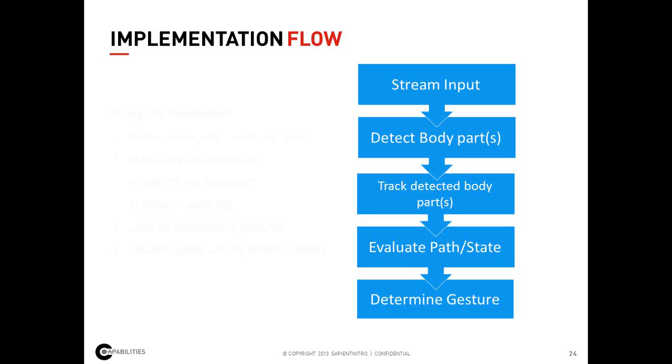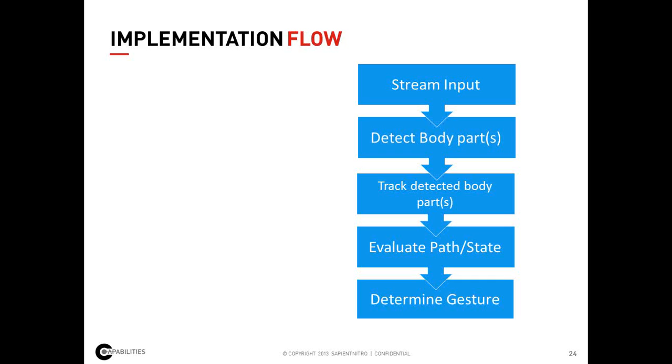If you look at the screen, this is how the implementation flow for gestures works. You have the stream input with you. What you do next is detect the different body parts, like your hand. If you want to implement a hand wave gesture, you have the hand detected, and you keep on detecting and tracking it in the next stage, so that you can evaluate the path, like how the hand has moved from, let's say, left to right.